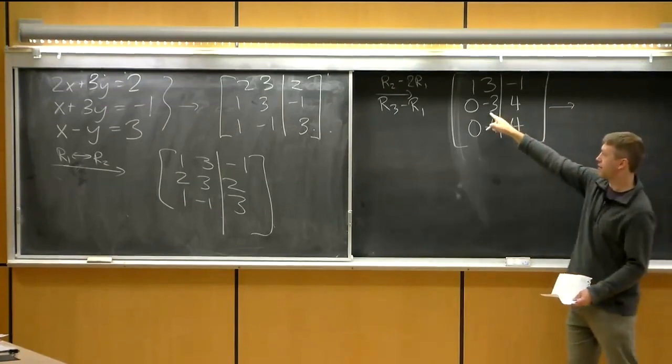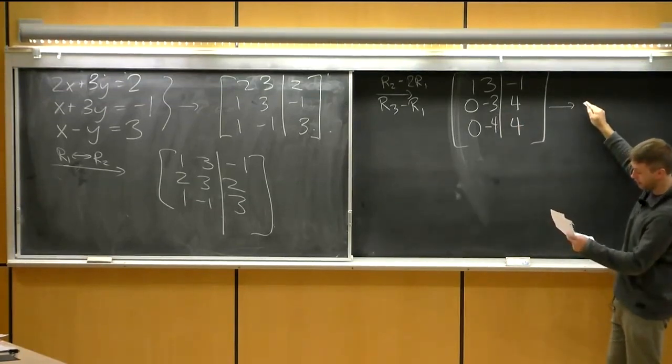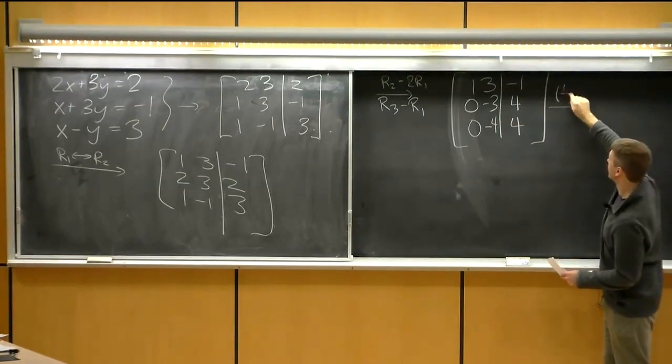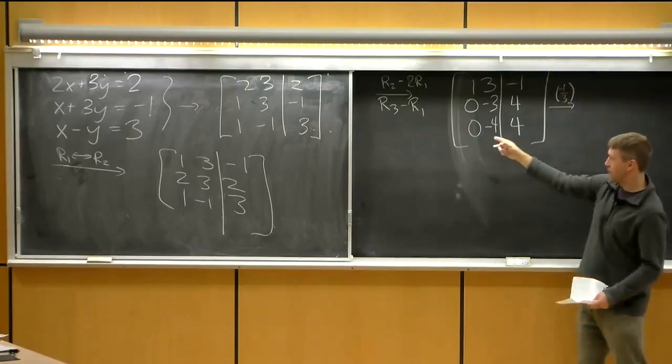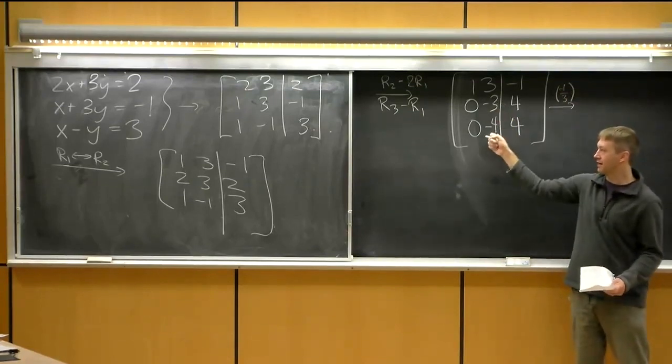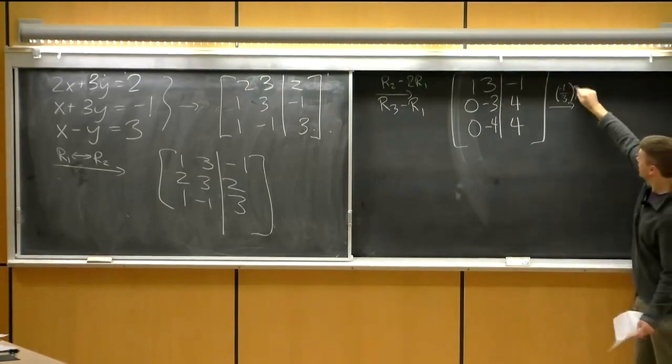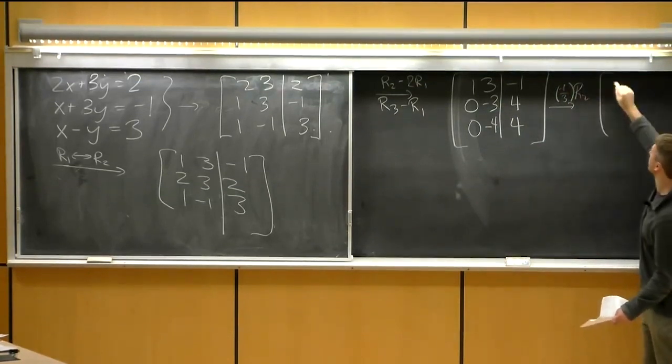Okay, so I'm going to now divide this by negative. There are different ways I can go about this, but if I really wanted to avoid fractions, I might want to switch these and then divide by -4. But well, let's be brave and deal with fractions.